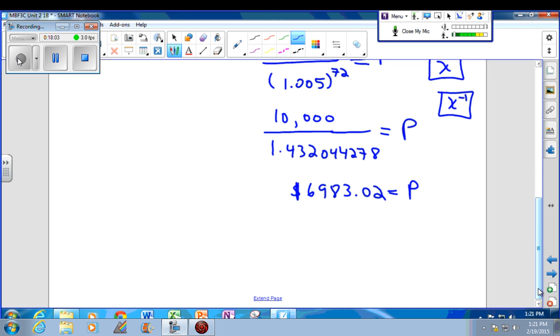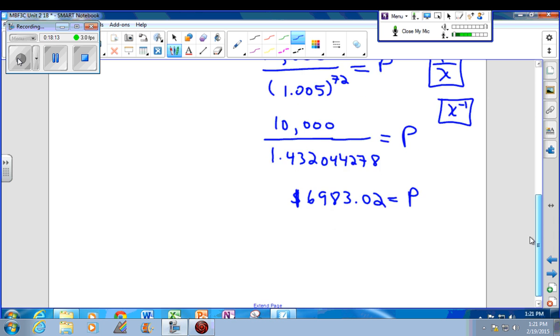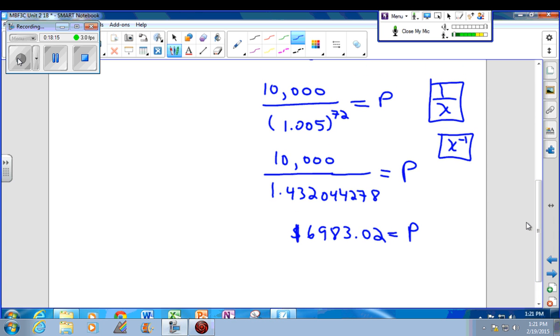So what does this mean? What does 6983.02 mean? What if we didn't even know it was dollars? Okay, well, let's take a look at the original question. The original question was, how much must Mrs. Kim invest today at 6% compounding monthly?